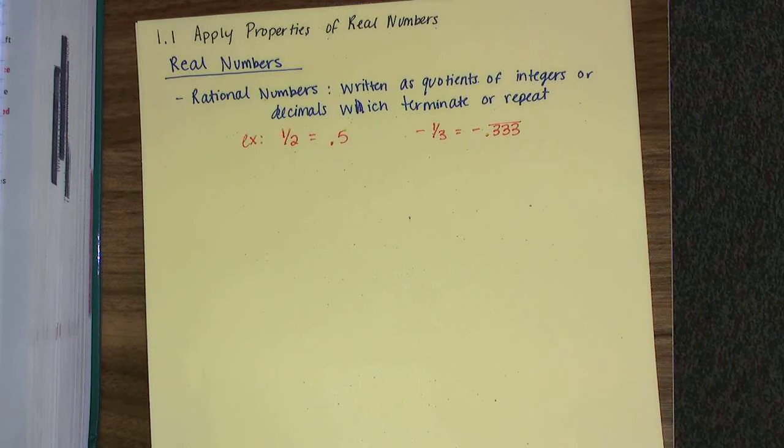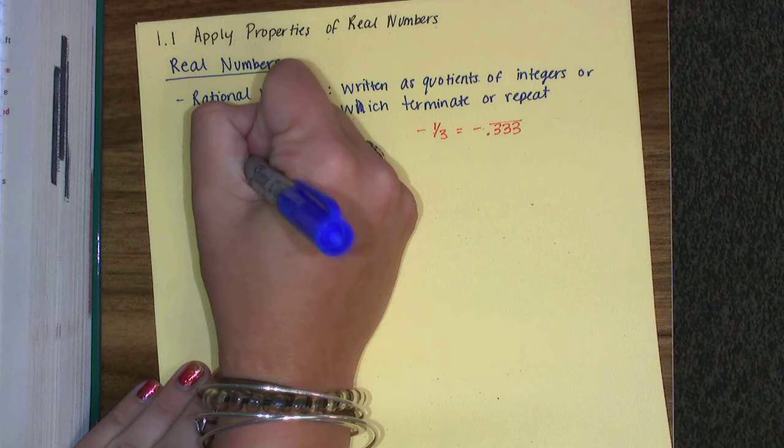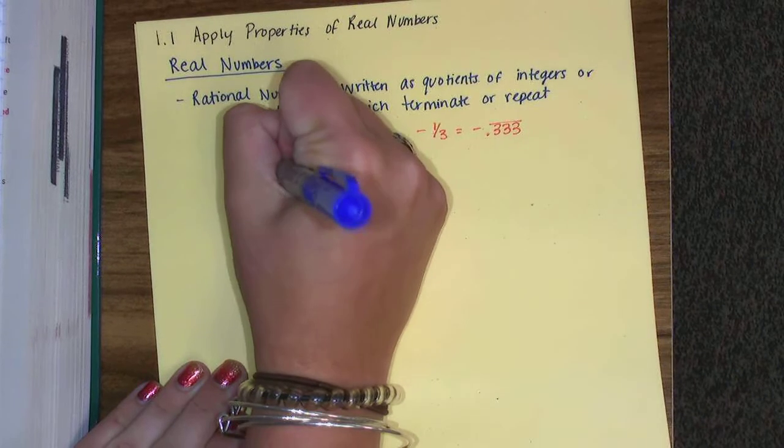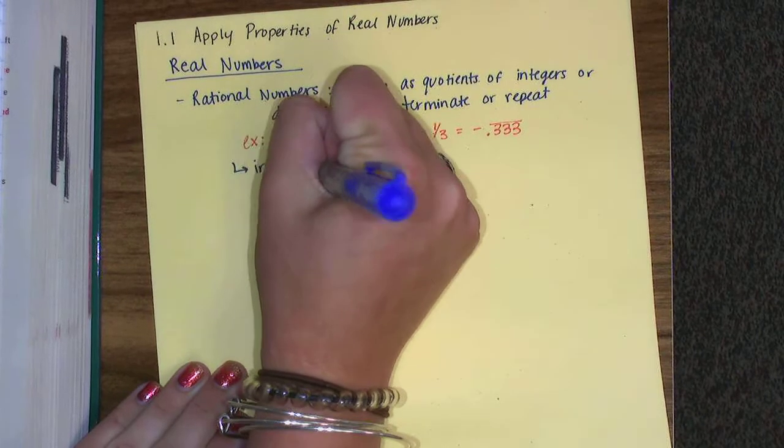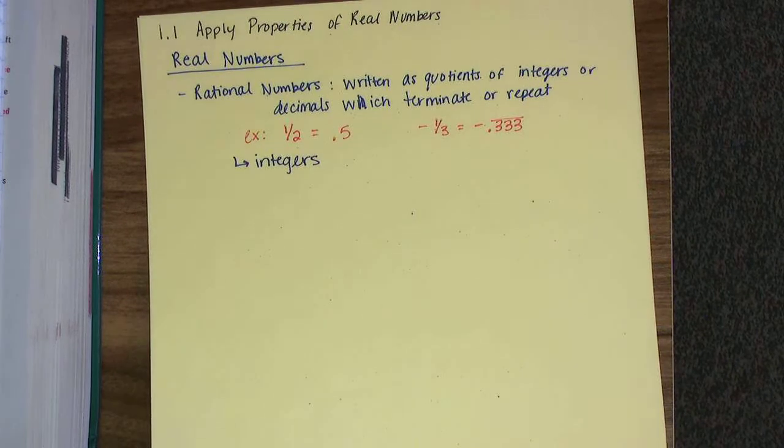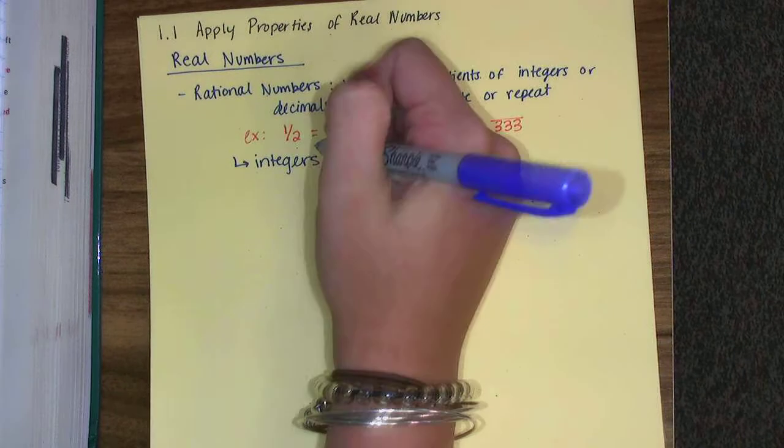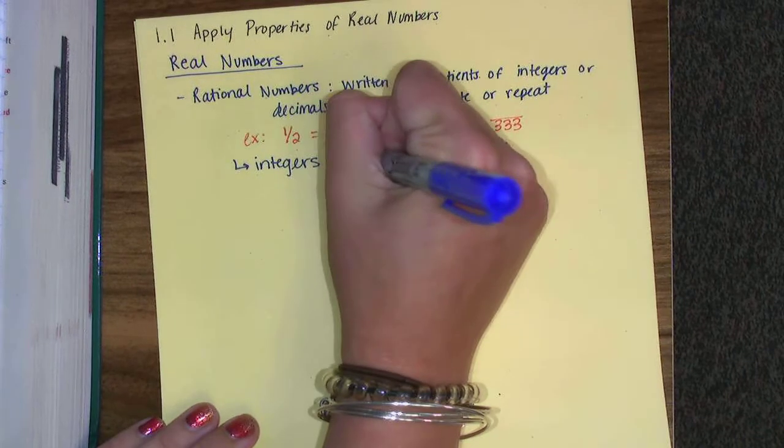And then within the rational numbers, we have integers. Basically, these are just positive or negative whole numbers, essentially.